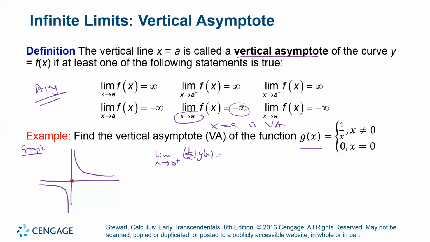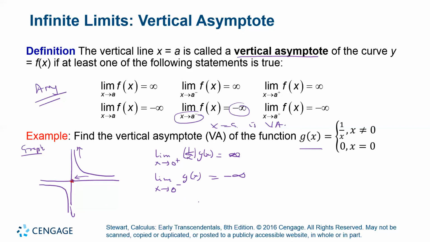Approaching 0 from the right, it goes toward positive infinity. Now, if you approach it from the left of the same function, it's equal to negative infinity. It goes here, and that one goes up there, like that.